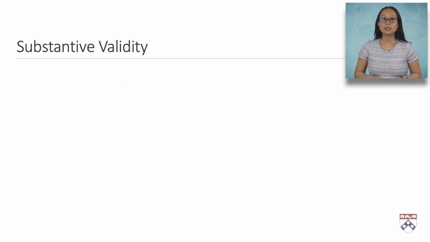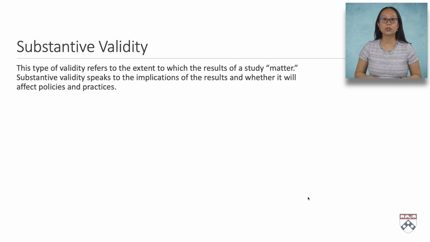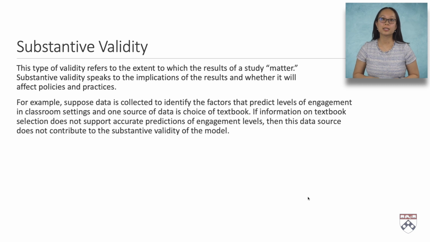So next, substantive validity refers to the extent to which the results of a study matter. And substantive validity usually speaks to the implications of the results and whether it will affect policies and practices. So for example, suppose data that is collected to identify the factors that predict levels of engagement in classroom settings focuses on one source of data, which is the choice of textbook.